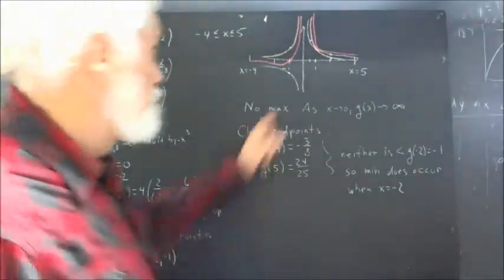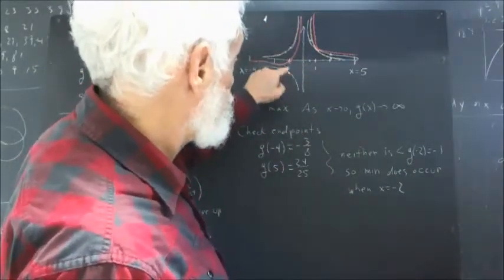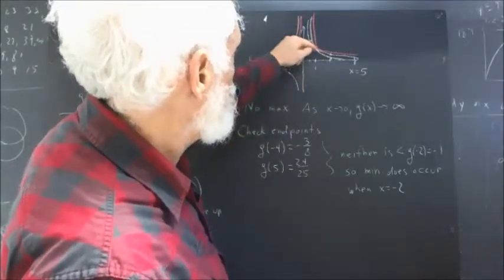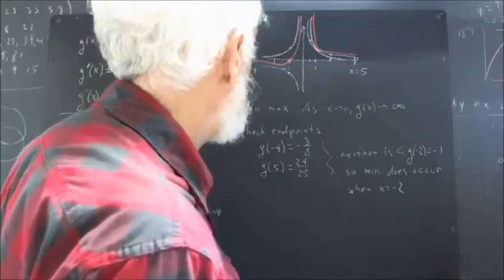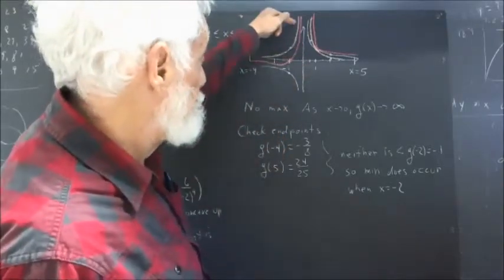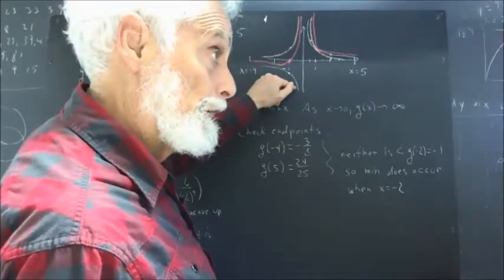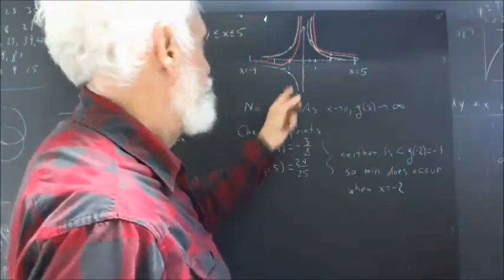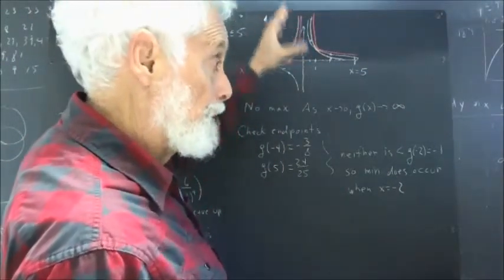Now, when x is between -1 and 0, this graph is higher than this graph is low, because remember, between 1 and 0, the orange graph is higher than the white graph. So the positive is going to be greater than the negative. When we add the 1 over x, which would be the negative here, to the 1 over x squared, which would be positive, we're adding a negative number to a positive number, but the positive number has a greater magnitude.